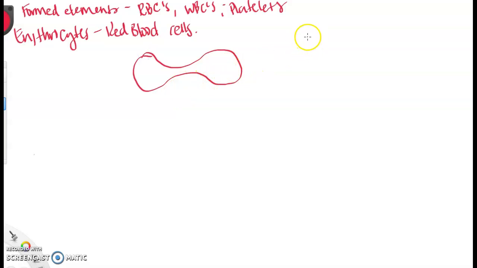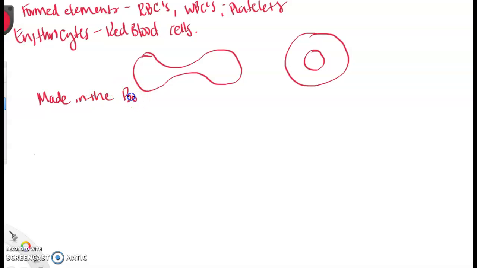And from top to bottom, they look kind of like a donut. Because guess what? They don't have a nucleus, okay? Red blood cells are made or born, so made in the bone marrow.